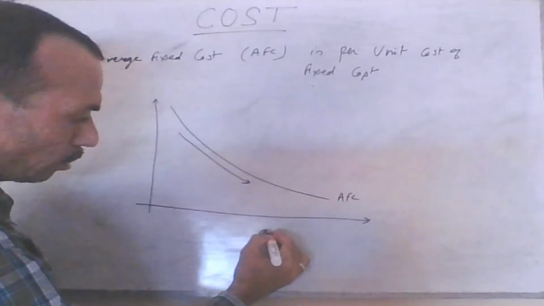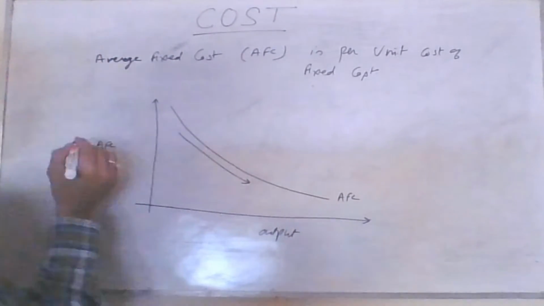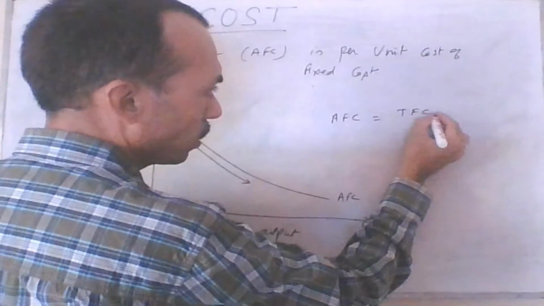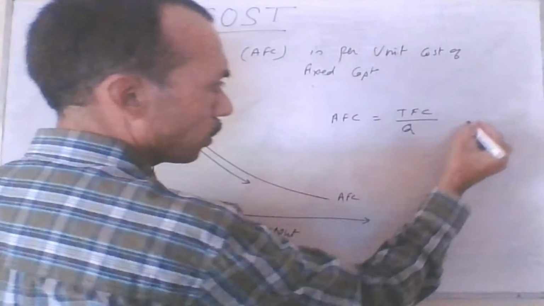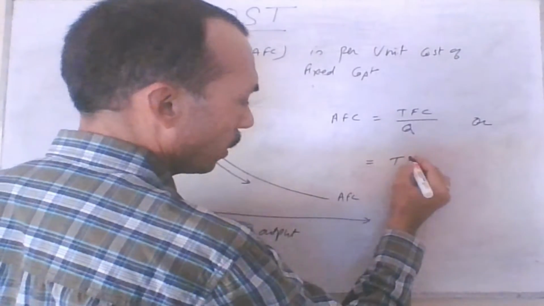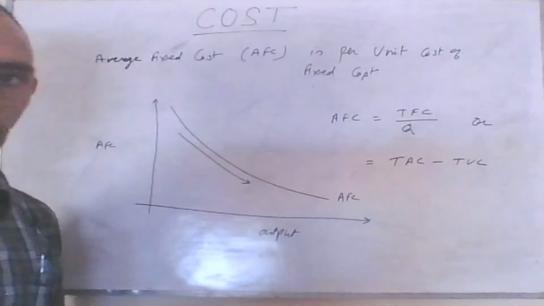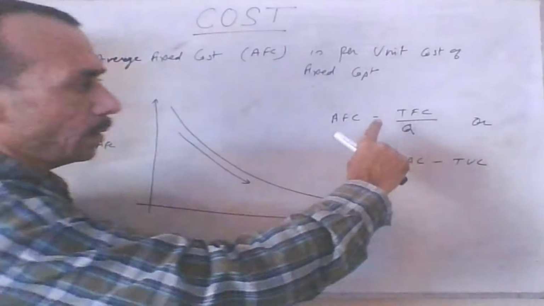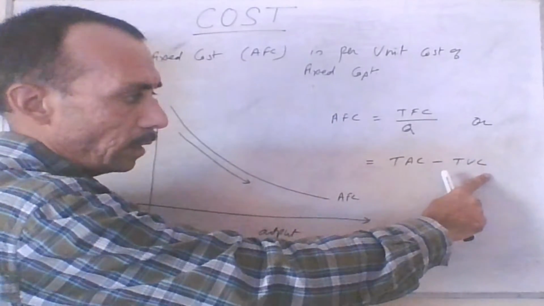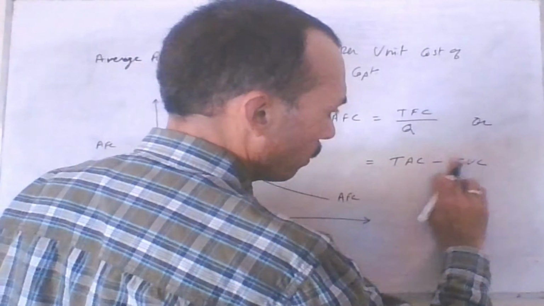This is your output and this is your average fixed cost. So AFC equals total fixed cost divided by the output, or AFC equals total average cost minus average variable cost.